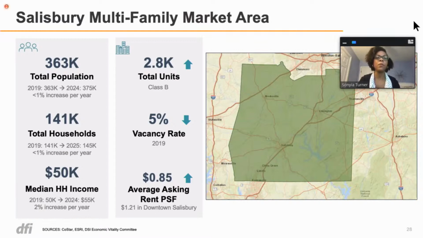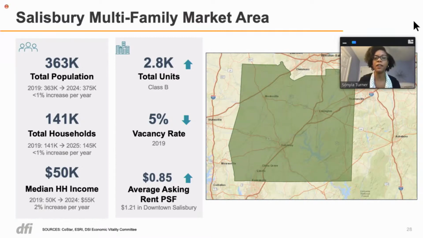So this market area has a population of 363,000 individuals, a median household income of $50,000. There are over 2,800 units, Class B. The vacancy rate is 5%, and the average asking rent is 85 cents per square foot, as compared to $1.21 in downtown Salisbury.